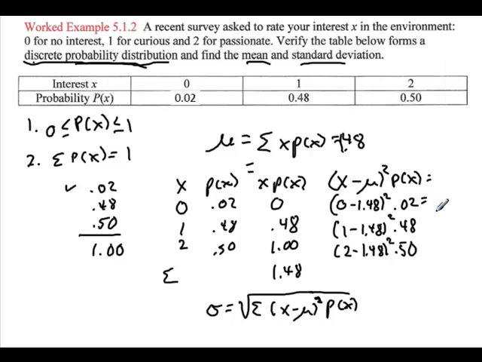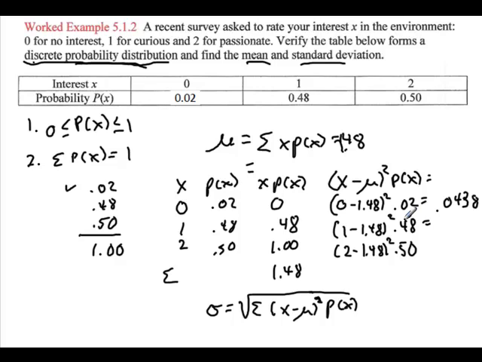And I come up with 0.0438. And I'm going to use 4 decimal places right here. Next, 1 minus 1.48 squared. And that's going to be multiplied by 0.48 when I'm done.